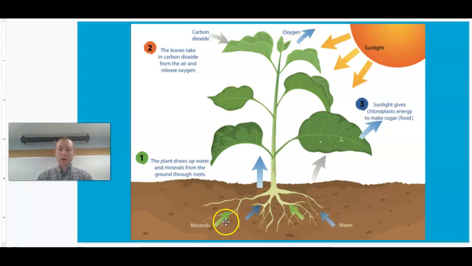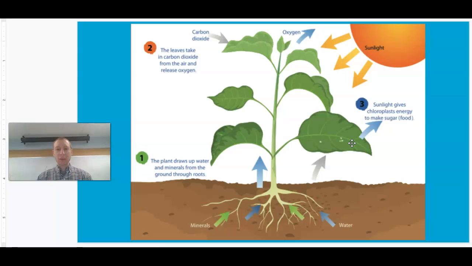So as the water and minerals are moving through the roots and up the stem, the leaf is absorbing carbon dioxide, right? So now it's got all the ingredients. Now the sun is going to hit those leaves and photosynthesis is going to happen, right? That change is going to happen. So the sunlight gives the chloroplasts the energy to make the food and photosynthesis can happen.